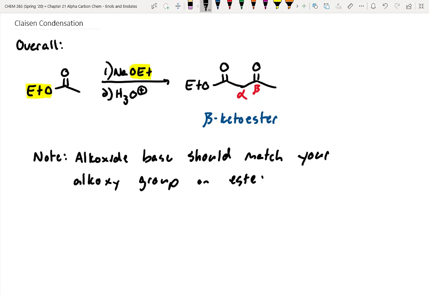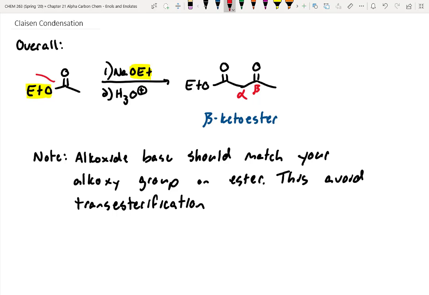Like I said, this avoids transesterification, meaning we're not going to accidentally create a new type of ester. For example, if we had a methoxy group rather than an ethoxy group, then we would want to use sodium methoxide here. We just want to make sure that we've got things matched.